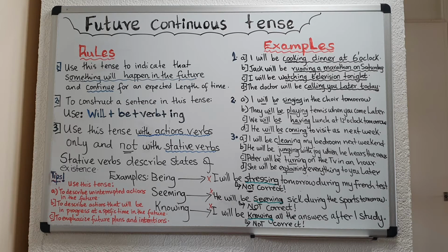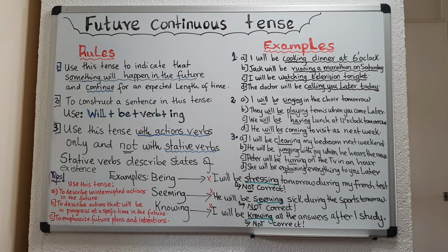For example, if someone asks you, what are your plans for tomorrow? What will you be doing tomorrow at 6 o'clock? What are your plans for this evening? What are your plans for next week? What plans do you have for later today?